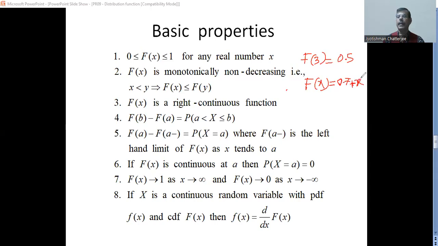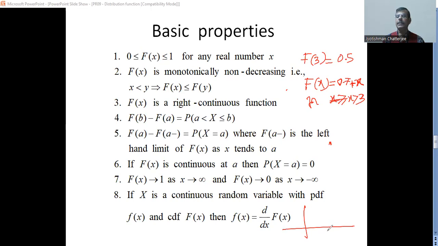Suppose I'm talking about a general function, not necessarily a cumulative distribution function. Suppose the function is like this for x greater than 3. In that case, what happens to the graph at the point 3?